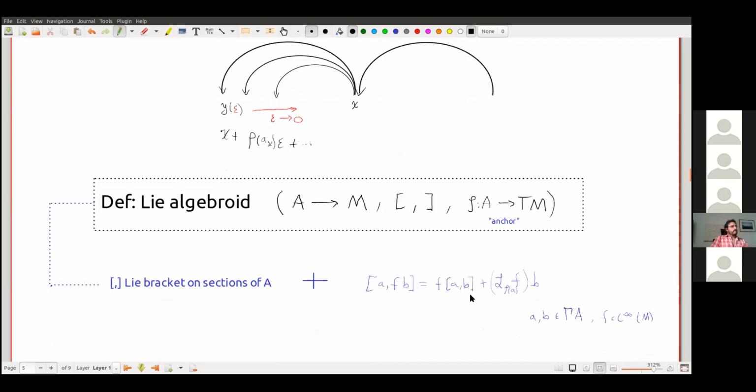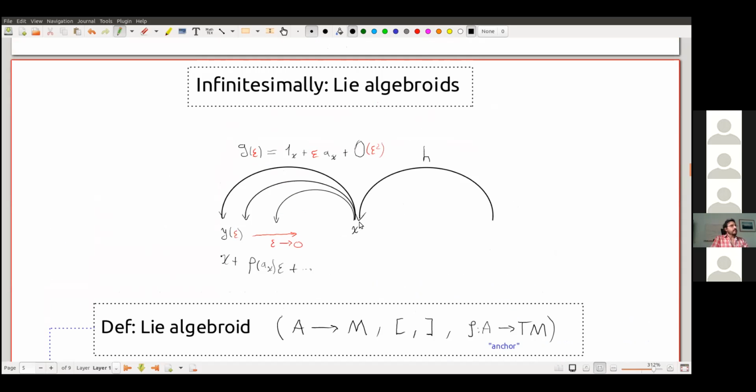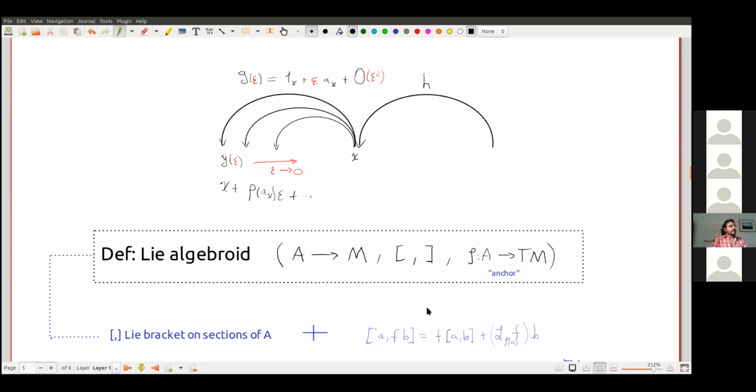Because this bracket was induced from vector fields, you can see it as a bracket on sections, and it satisfies this kind of Leibniz property. So it's of infinitesimal nature with respect to this anchor map. Okay, so this is the quick version of what the infinitesimal version is.